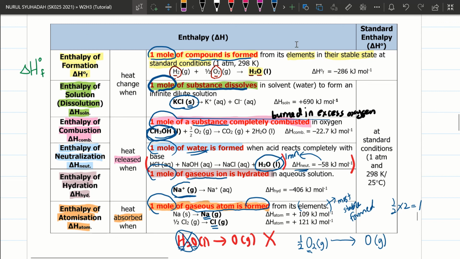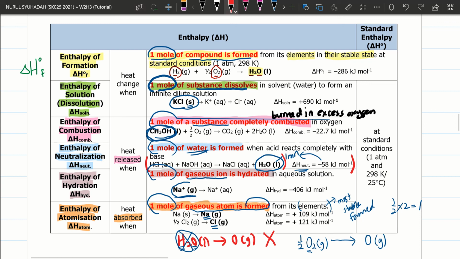Now, if you look at my table, I separate enthalpy and standard enthalpy, except for enthalpy of formation. For enthalpy of formation, the definition is heat change when 1 mole of compound is formed from its elements in their stable state at standard condition, 1 atm and 298 Kelvin. This bracket must be stated as well. For the other enthalpies, if the question just asks about enthalpy, this will be your definition.